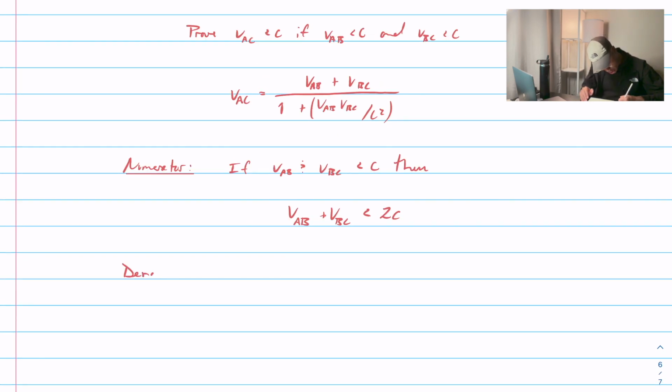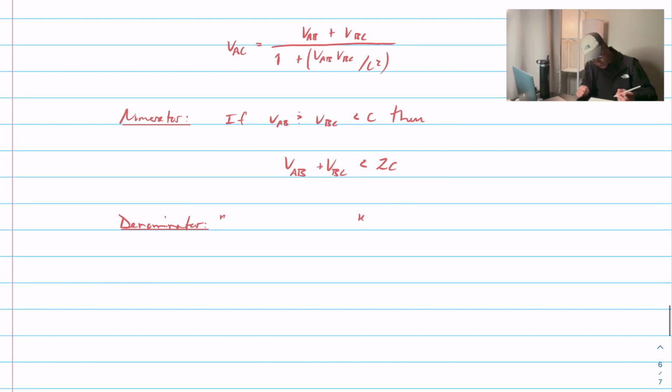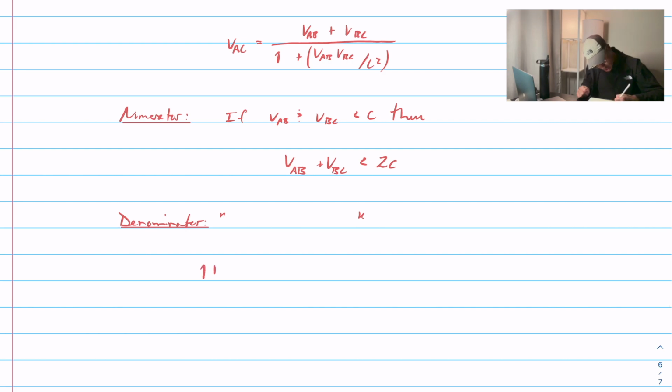And then in the denominator, if V_AB and V_BC are less than c, then 1 plus V_AB V_BC over c squared must be less than 2.